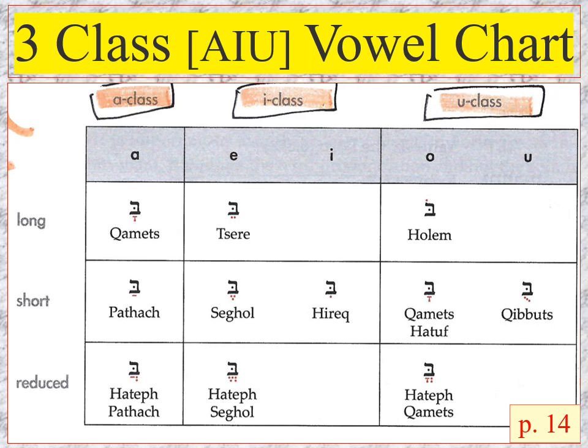And then in the U class for the short, the qamets hatuf and the qibbuts, the O and U in the five class, but just the U in the three class structure. Lastly, the reduced: hatef patach in the reduced A class, the hatef segol in the reduced I class, and the hatef qamets in the reduced U class.